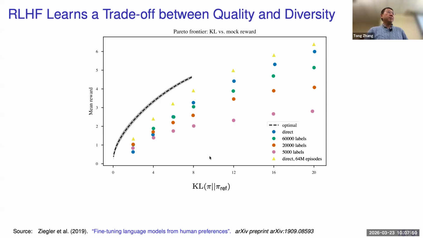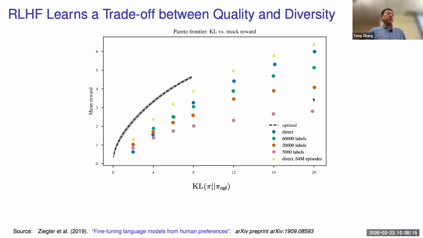For KL, of course, smaller is better. The hope is you have a very small KL and a very large reward, right? So the top left corner is the best, and moving toward this direction is better. You go through all the possible parameter settings in your training, and your policy traces the optimal frontier.